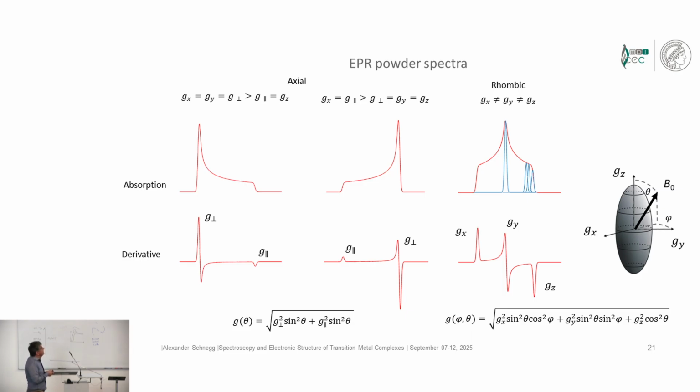The canonical values are very useful because these are the turning points here and here. From this we can directly read off our main values. However, in order to interpret the spectrum, a powder average has to be done with many diagonalizations of the spin Hamiltonian, and there are different ways to do this, and we will play around a bit with this tomorrow in our EPR simulation tutorial.